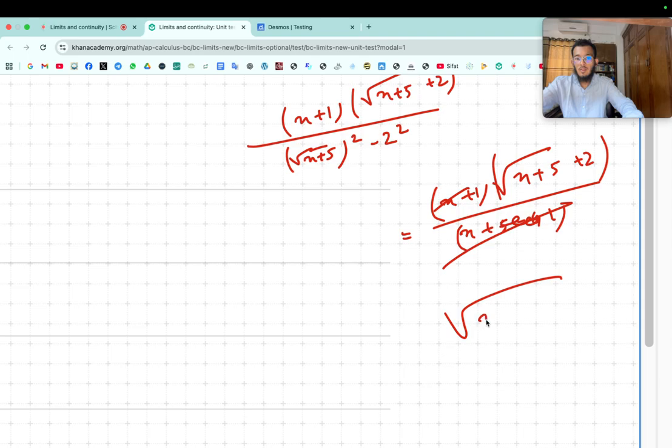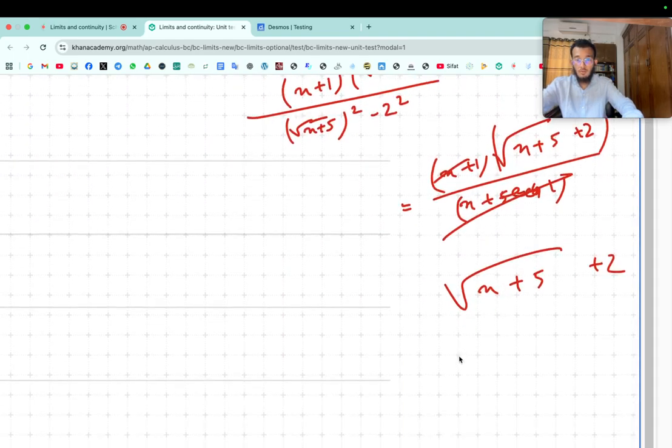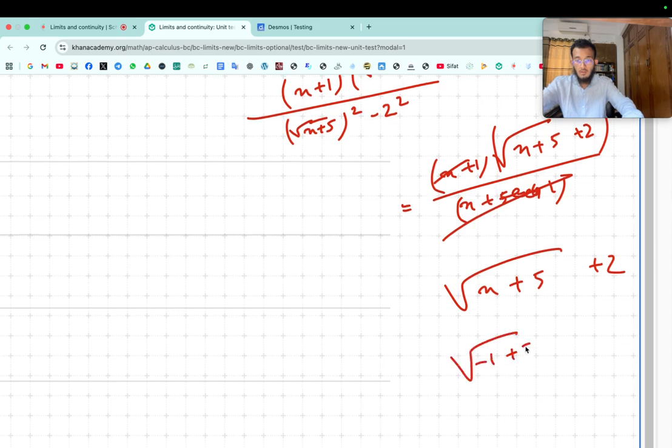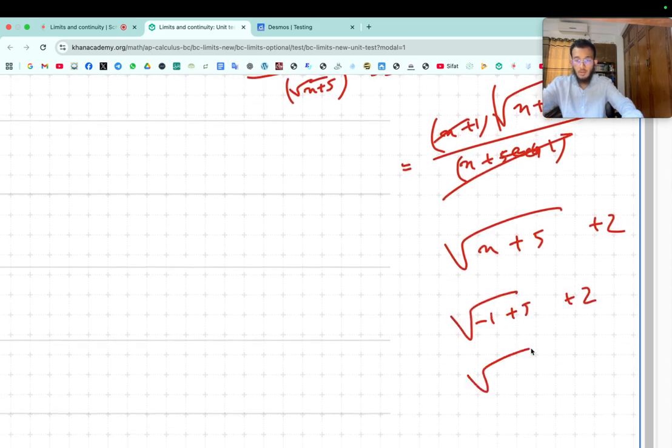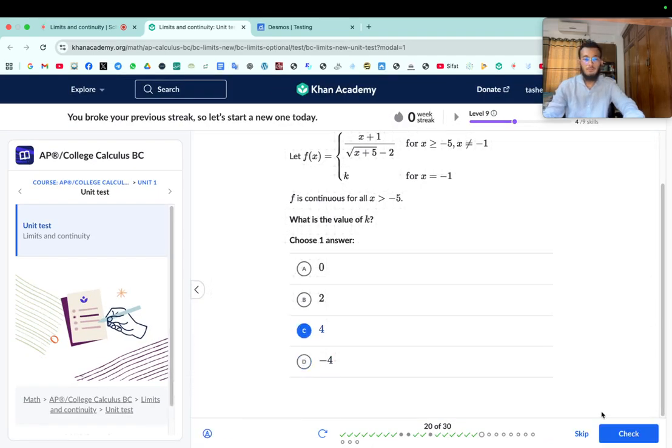We are ultimately left with root of x plus 5 plus 2, and now we can find the value at x equals negative 1. So negative 1 plus 5 is 4, root 4 is 2, plus 2, we have positive 4. So you have positive 4 here.